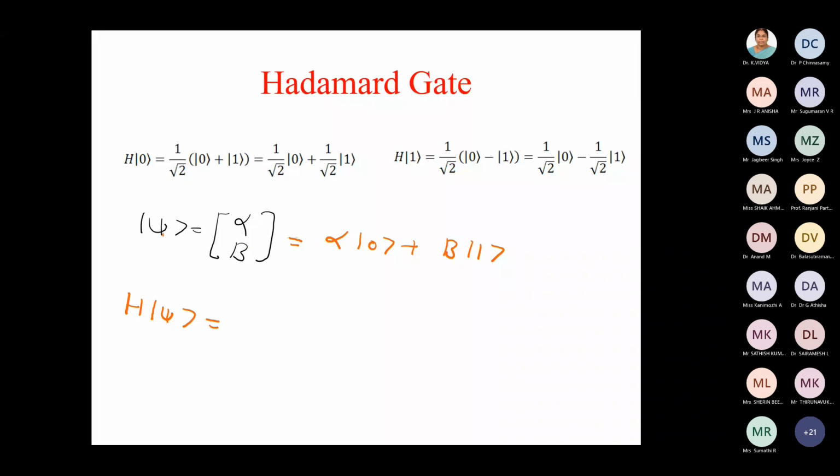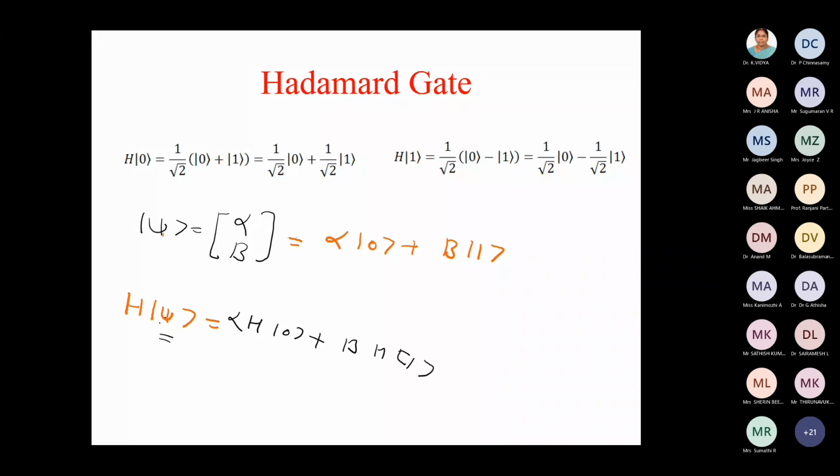So if I ask you, I have this kind of a state, alpha times 0 plus beta times 1, then you can compute this H of psi also. So what we can do is H of alpha we can take out 0 plus beta times H of 1. This is simple linear algebra we can apply.